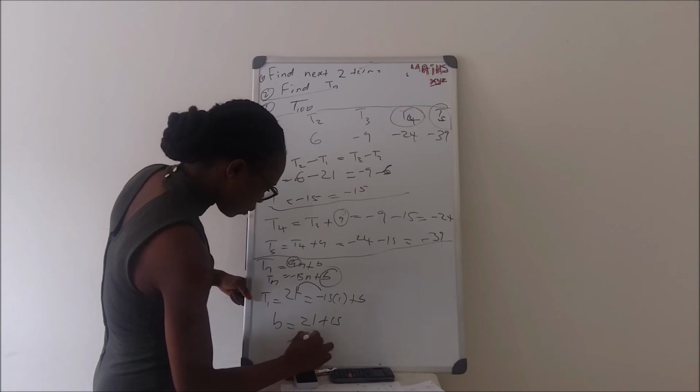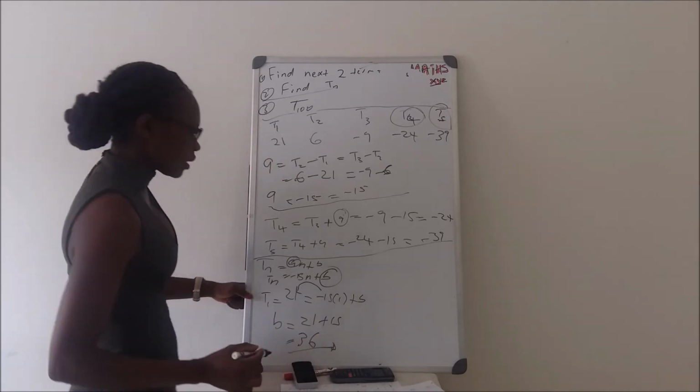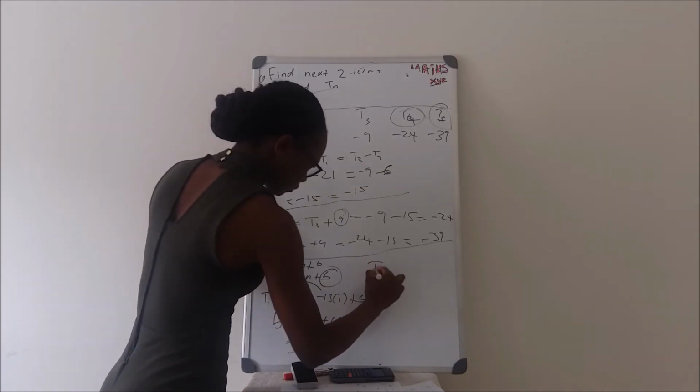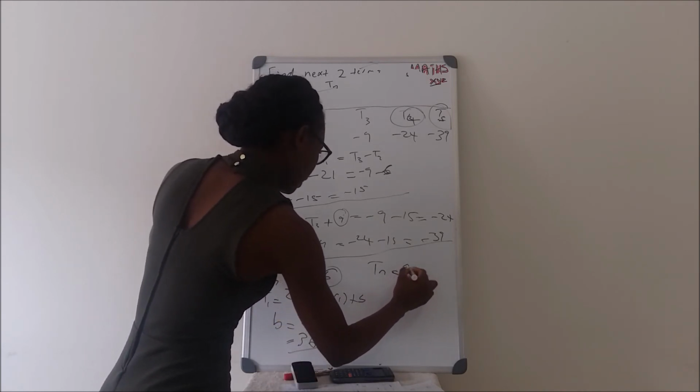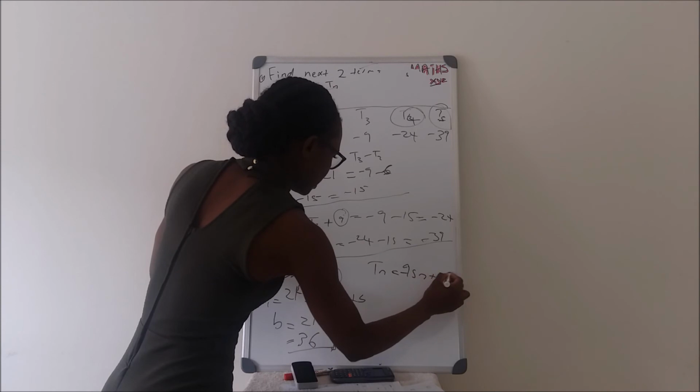So the answer is 36, and our Tn is equal to negative 15n plus 36.